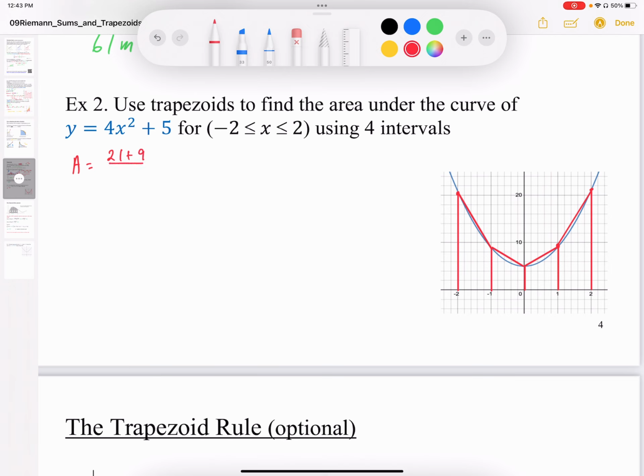So 21 plus 9 divided by 2 gives me my average height. The interval width we're using is 1. Plus 9 plus, when I plug in 0, I get 5 divided by 2. Interval width is 1. So all these interval widths are going to be the same. The nice thing about this is it's symmetrical.